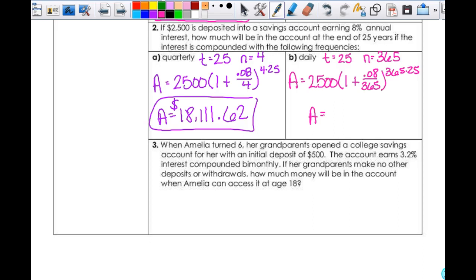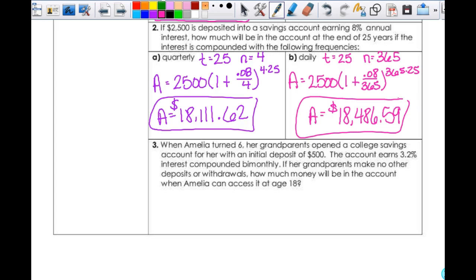Alex Coatney, tell me what you got. 18,468. Okay, y'all agree with that? 18,468 and 60 cents. Oh yeah, no, it's 59. It's 59 cents. Good. Don't get to round it on the wrong places, right? So it's 59 cents. Good job.